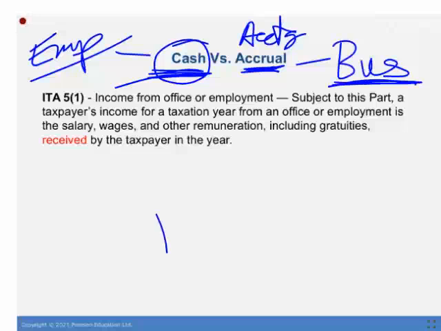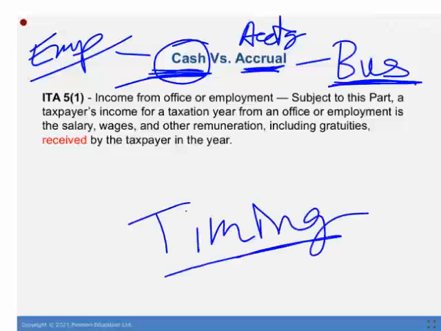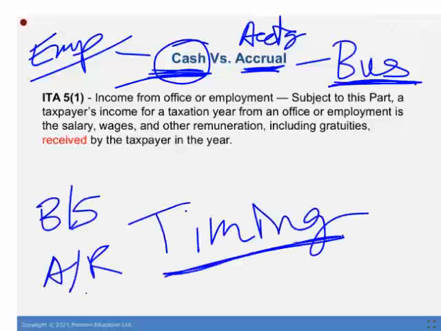So there is a difference, and the difference between cash and accrual accounting is all about timing, right? So most simply put, if you're looking at accounting income, your accounting income could include revenue where you haven't been paid yet, right? That's why we have a balance sheet, and we have accounts receivable, and we have accounts payable.